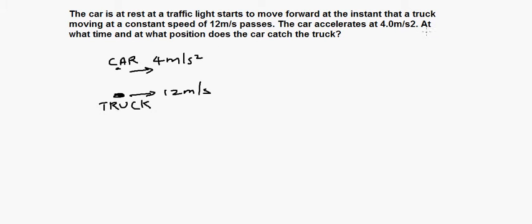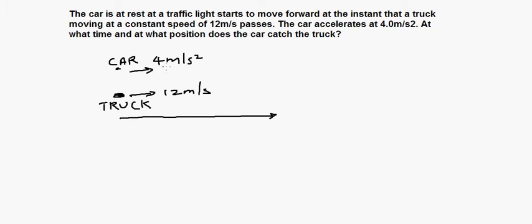Now what do we have to find out? At what time and at what position does the car catch the truck? The truck is going to move forward with constant speed, whereas the car, although at rest, is going to increase its velocity with every second as it's accelerating.